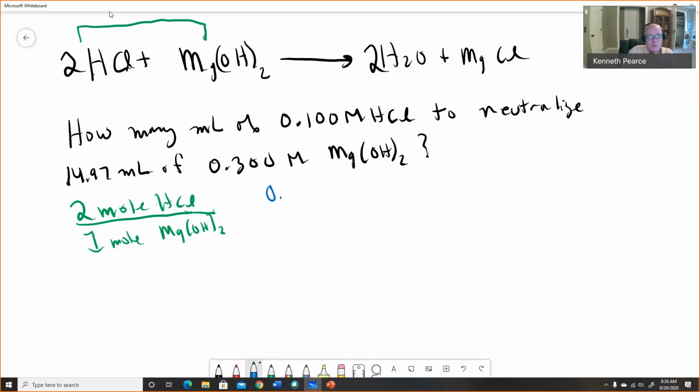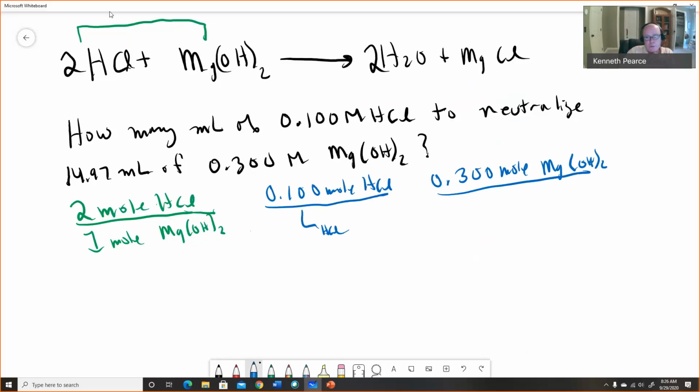And so that would be 0.100 mole hydrochloric acid for every liter of hydrochloric acid solution. And then the other molarity is 0.300 mole magnesium hydroxide for every liter of magnesium hydroxide.